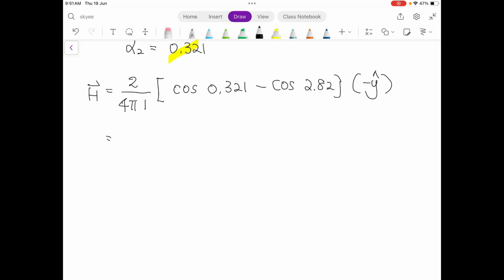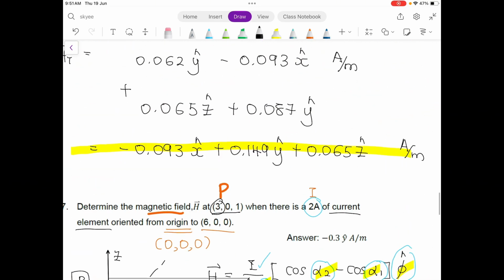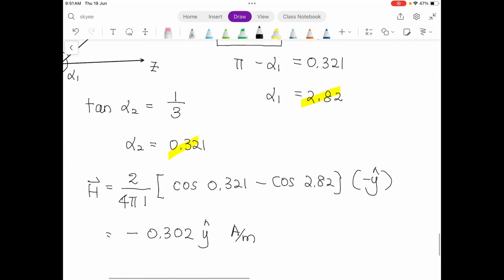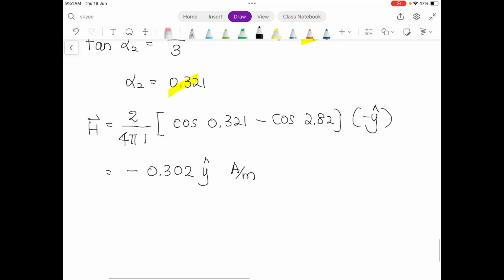You will get your answer equal to negative 0.302 in the y direction, and the unit for the magnetic field is ampere per meter.